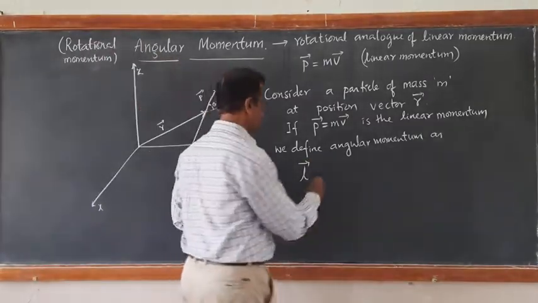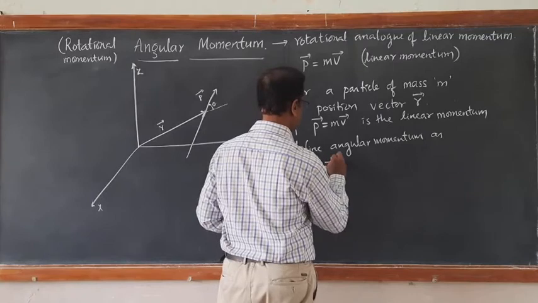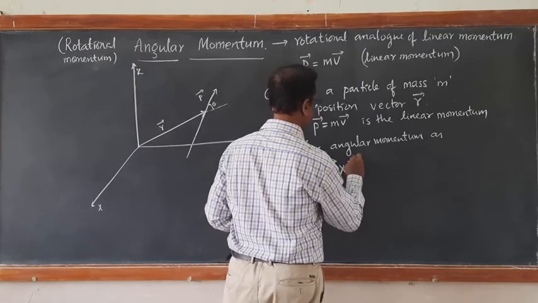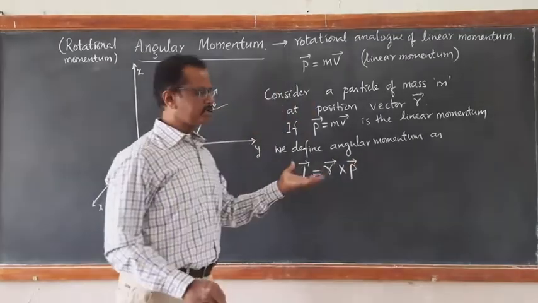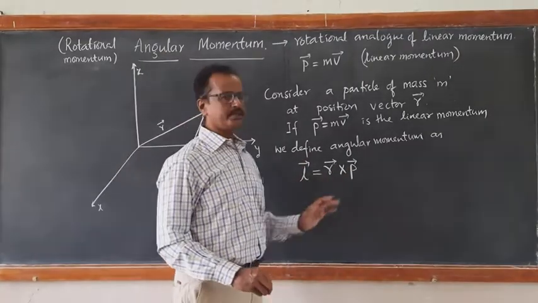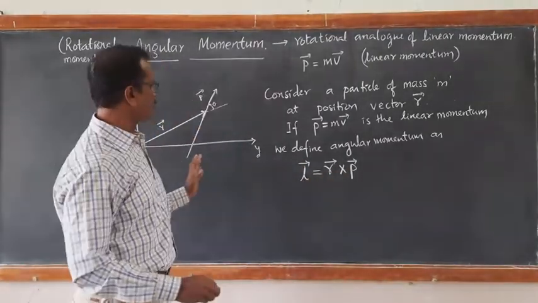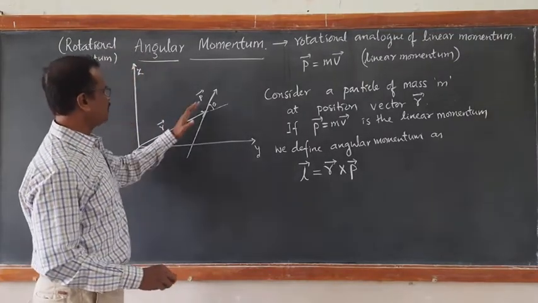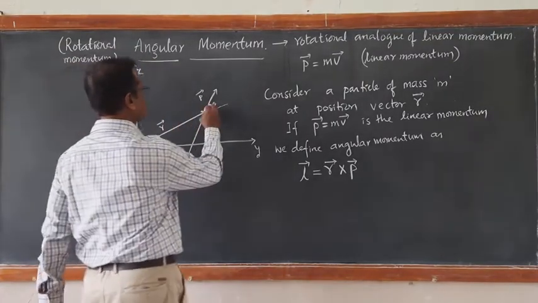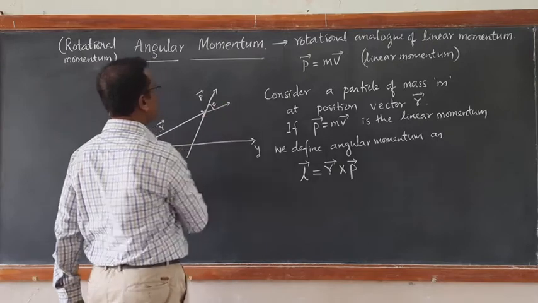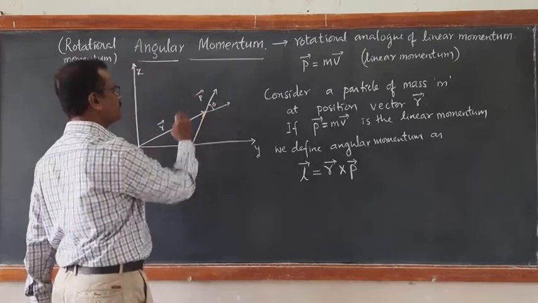Small l vector is equal to r cross p. Please remember this order. You should not change the order. So the r cross p product gives us angular momentum. If this is r and this is p, and we extend this r, r cross p gives us angular momentum.